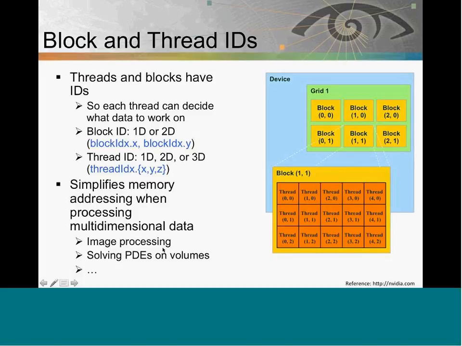Here, grid 1 has this block 1. So how do thread IDs and block IDs work? They decide what data to work on, and the block can be 1 dimension, 2 dimension, or 3 dimension.